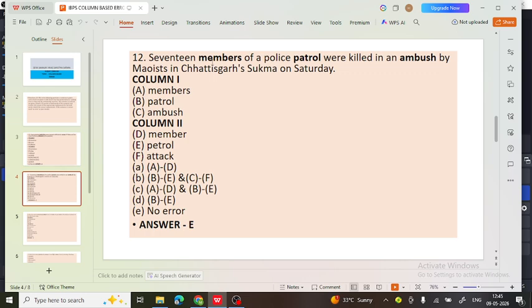The words highlighted here are members, patrol, and ambush. Now you can see the replacements given for the words in column 1: A, B, C. The replacements given are member, patrol, and attack.